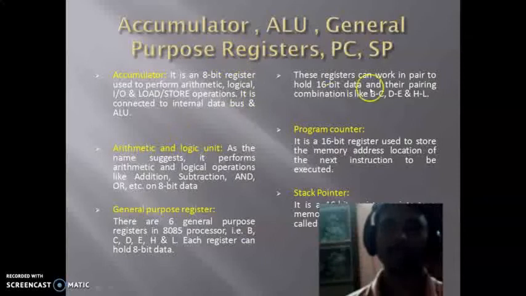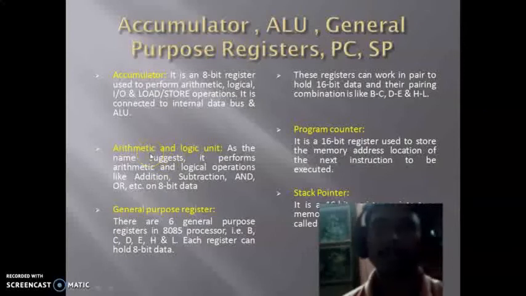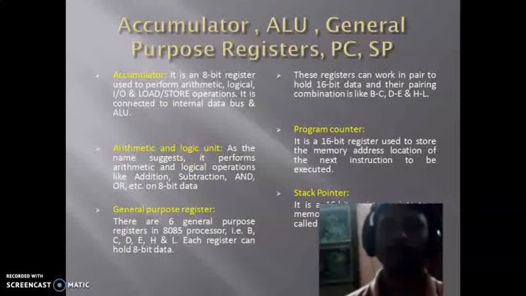By using this unit, we can perform different arithmetic functions like addition, subtraction, multiplication, division, etc., as well as different logical functions like AND, OR, XOR, etc. After the arithmetic and logical operation, the result will be stored in the accumulator, and we will get some effect on the flags. Later on I will discuss the flags.